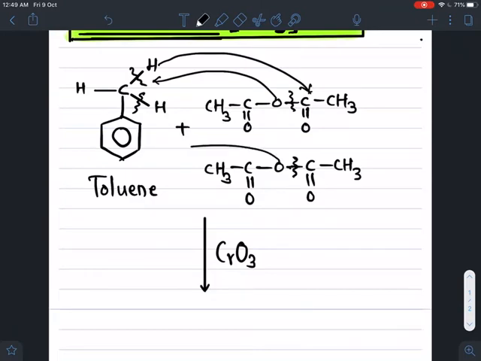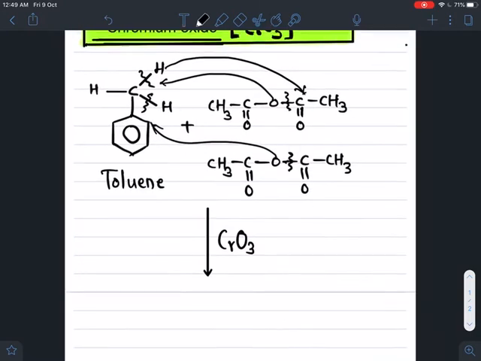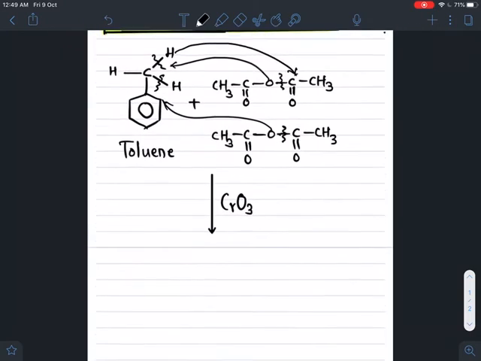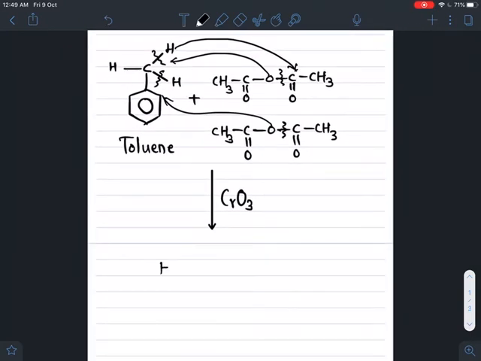This hydrogen is replaced, and via this oxygen the bond is formed. So what we get is the intermediate product: CH as it is, with OCOCH3 and again an OCOCH3 group attached, bonded to the benzene ring.